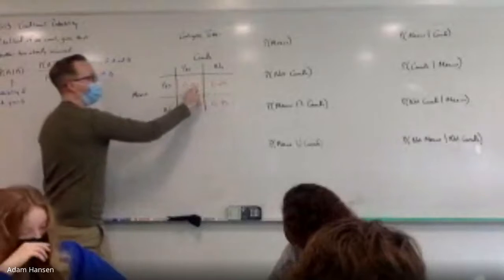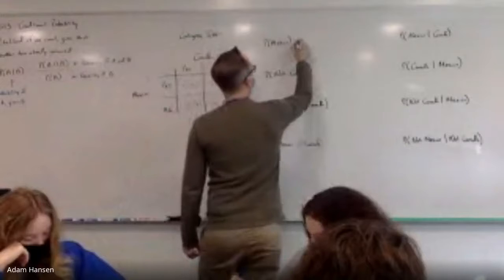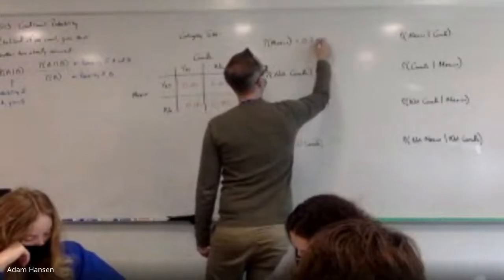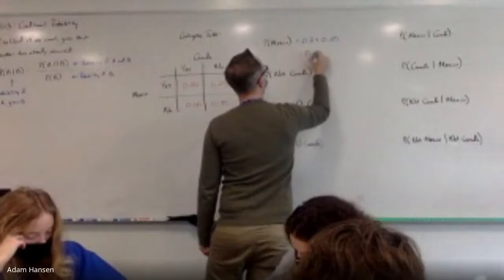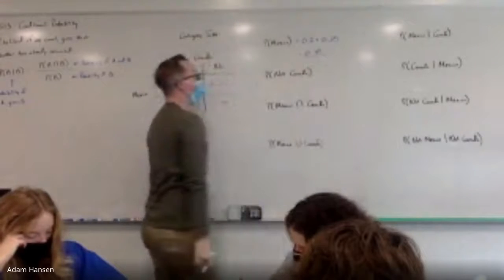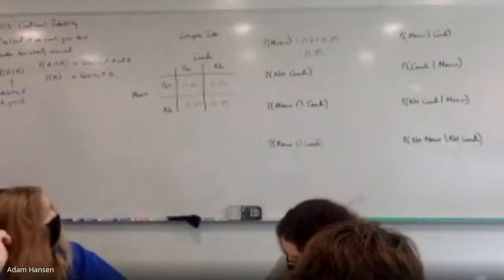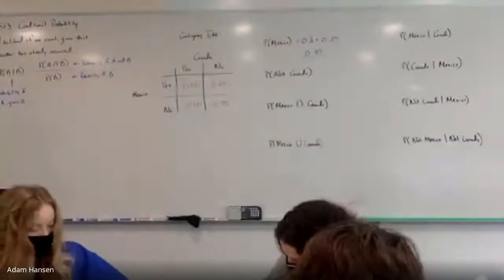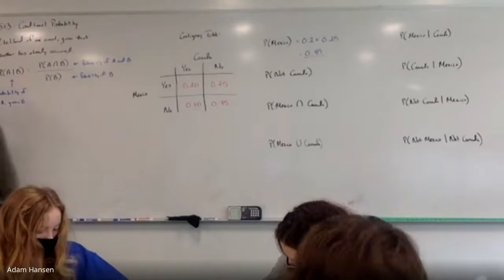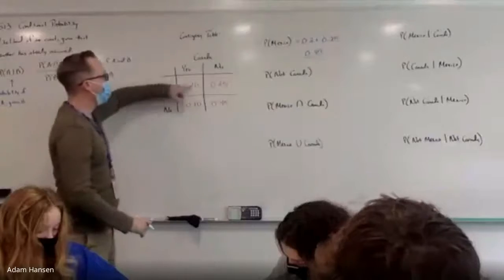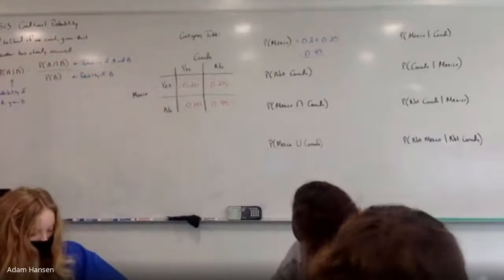Add them together. 20% plus 25%. 45% total of people in this class have been to Mexico because they've either also been to Canada or just Mexico only and not Canada. It's the sum of these two outcomes, everybody in the top row across that, yes, I've been to Mexico.